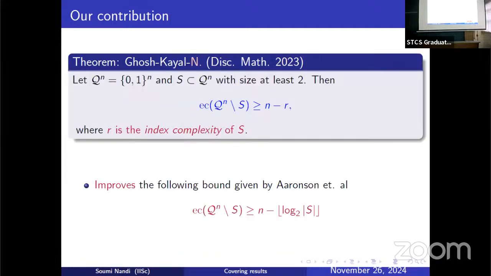So if we are given any subset S of at least size 2, and we want to cover all the points outside S, keeping all the points in S uncovered, then we will require at least n minus r degree polynomials or n minus r many hyperplanes, where r is the index complexity of the set S. And this improves the lower bound given by Aronson et al.